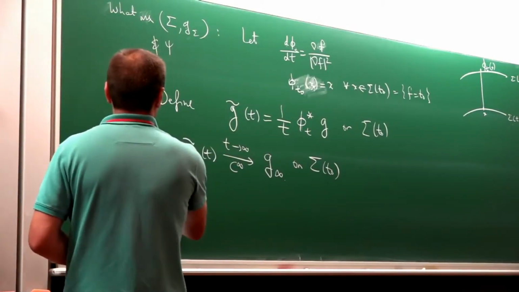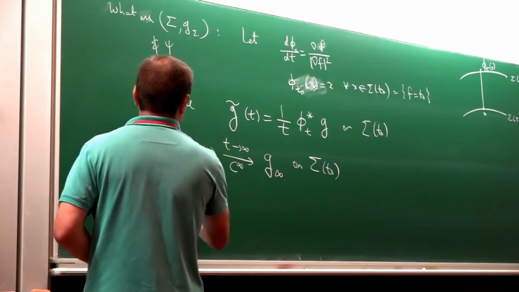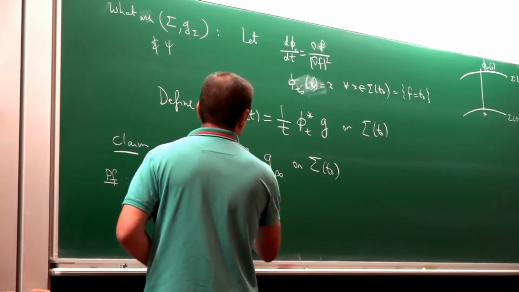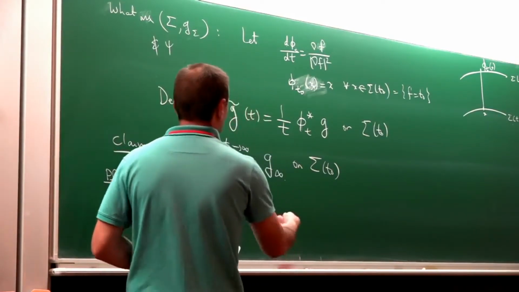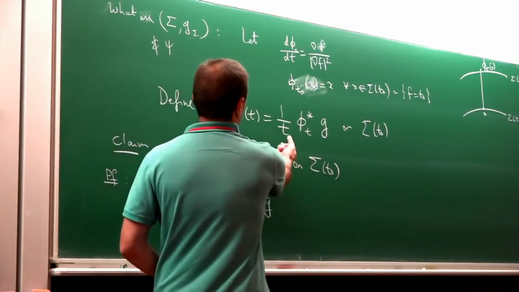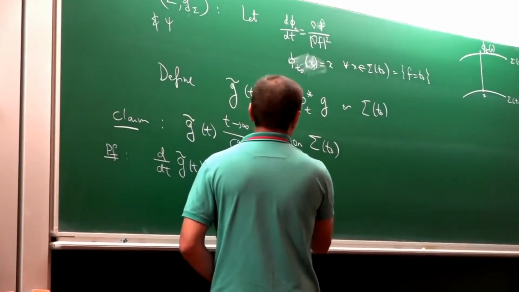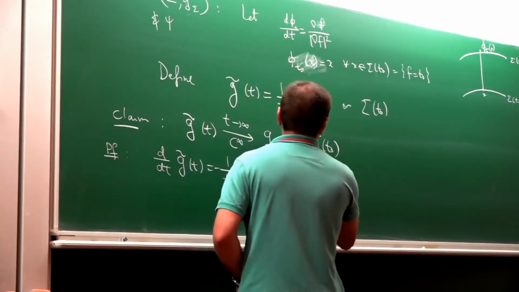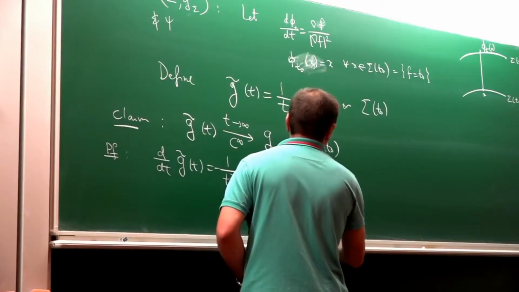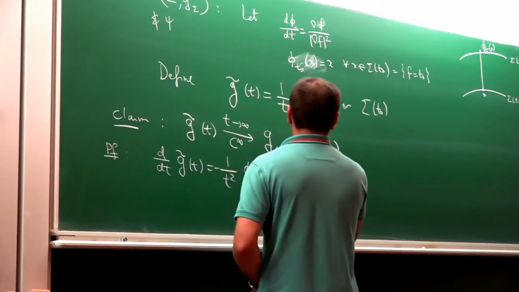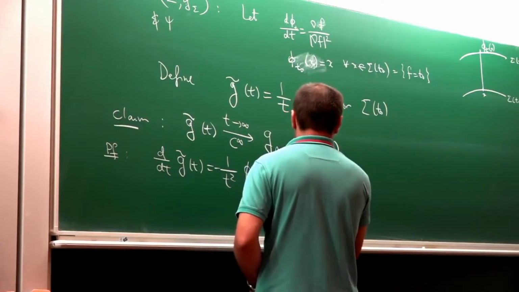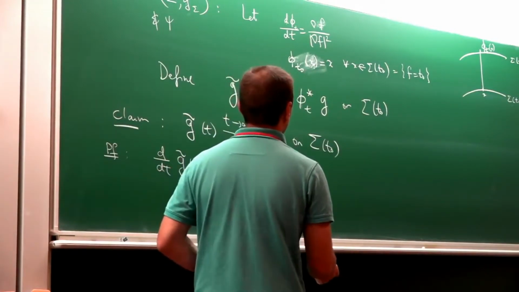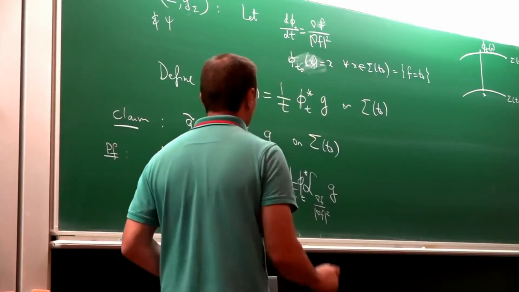So I'll just show one step. You can take derivative in t. So that's one step, right? You take derivative of this, you get minus 1 over t squared. The other one, you get the Lie derivative, so you get, again, phi star of the Lie derivative of G. Right?